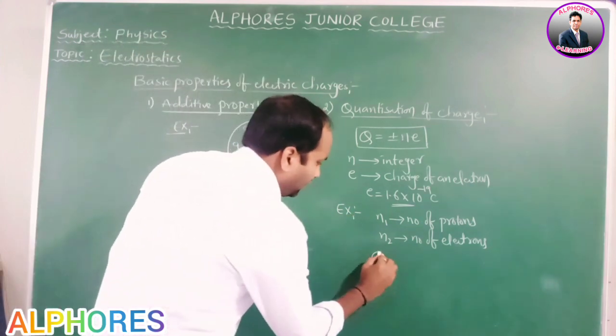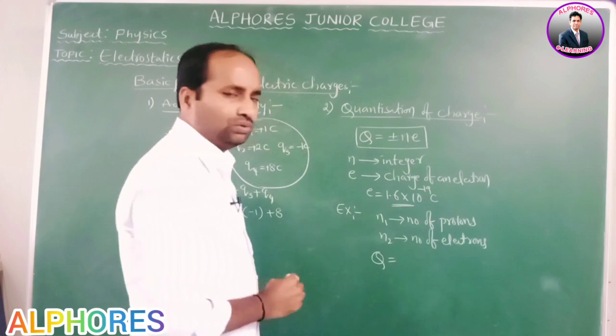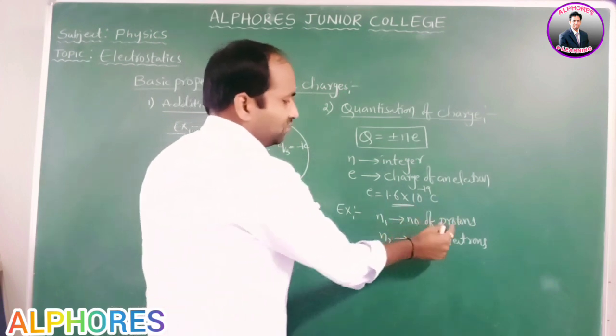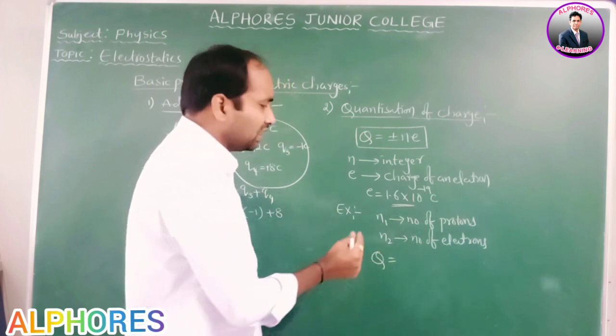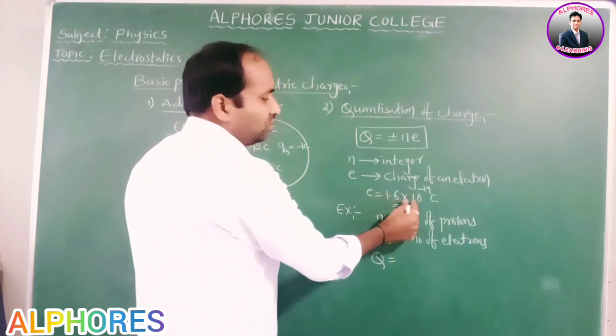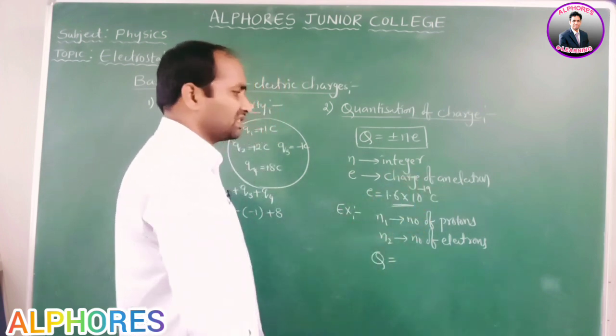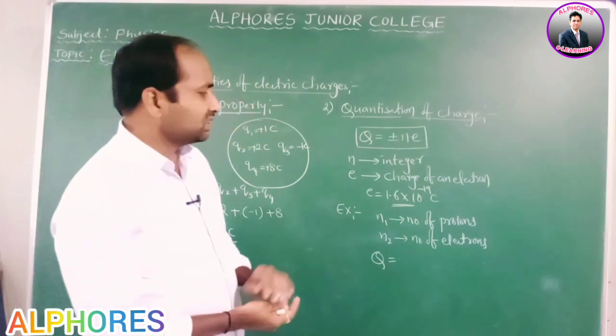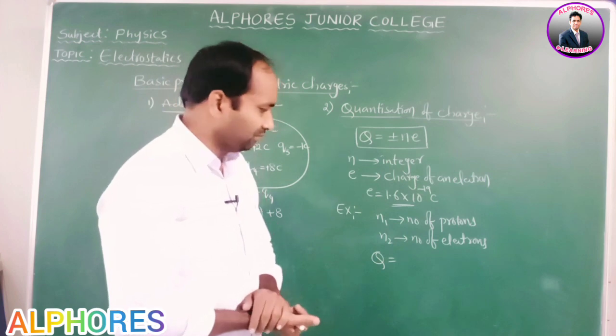Here we may write capital Q equals n1 number of protons. Protons have positive charge. The charge of each proton is e, equal to 1.6 into 10 power minus 19 coulombs. So the total charge of the protons is n1 e.